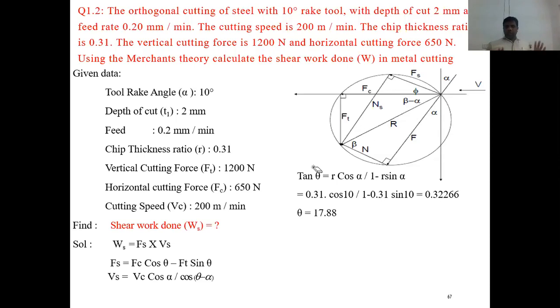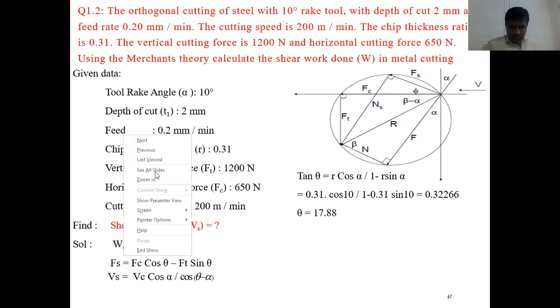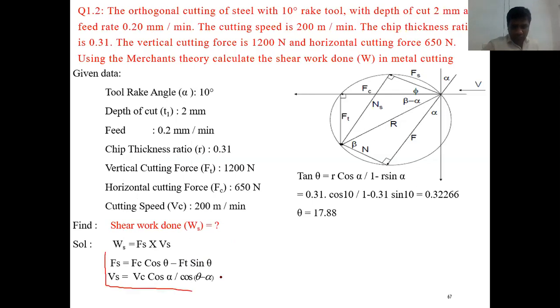Now you see, we have all the values. If you look at these Fs and Vs, all the terms are there, so we can easily calculate whatever is required. We need to calculate Fs and Vs for calculating the work done. We calculated theta, 17.88, and the Fc value is already there, 650 newton, and the Ft value is 1200 newton. Similarly, Vc is given here as 200, with cos alpha.